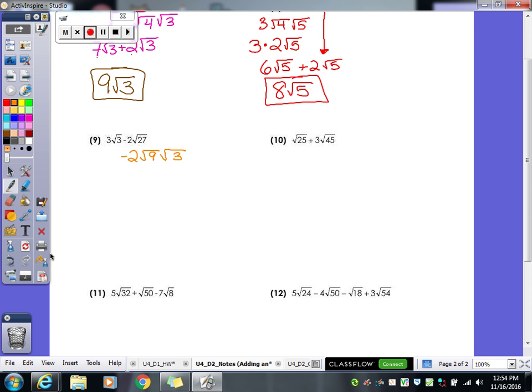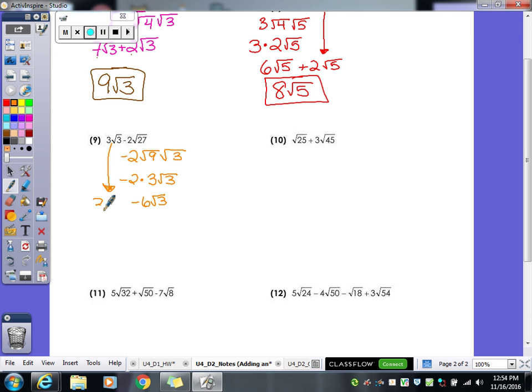So our square root of 9 is a 3. And then we have to do it times that negative 2 that was already out in front. So negative 2 times 3 gives us a negative 6 radical 3.